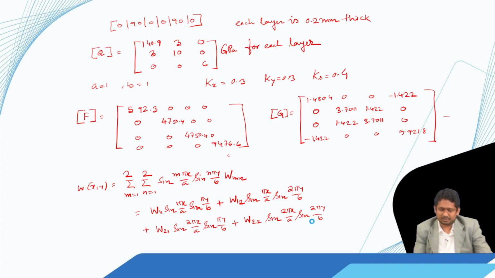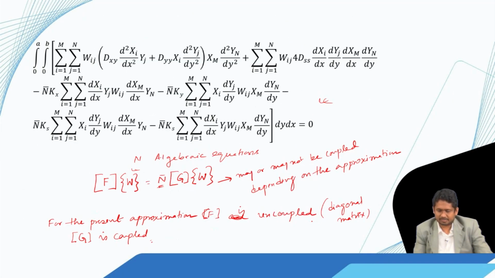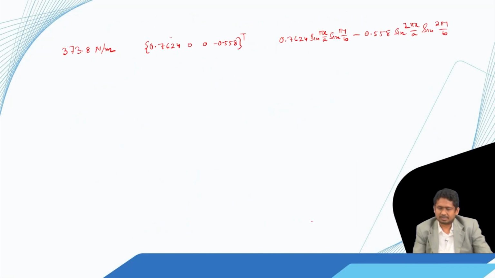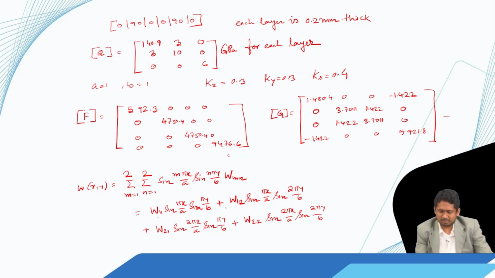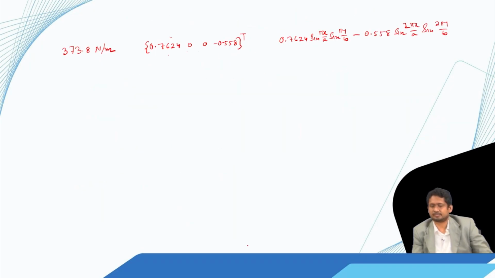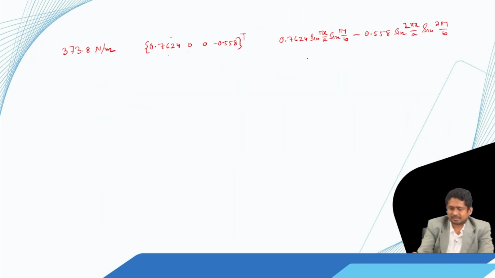So, the eigenvectors that we get have 4 terms, and these 4 terms correspond to W11, W12, W21 and W22. So, for the first eigenvector I have only this and the last term present. So, I am multiplying with this and this, and this is the mode shape.